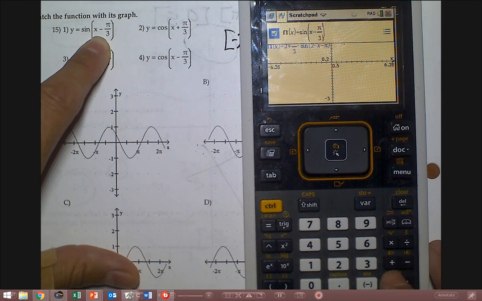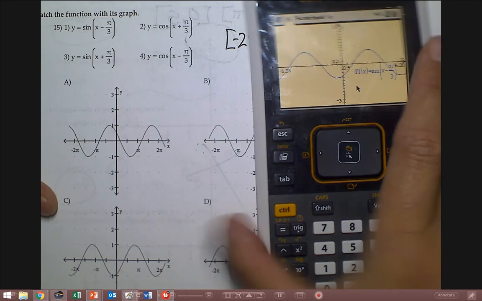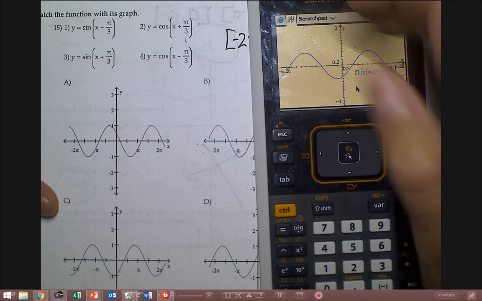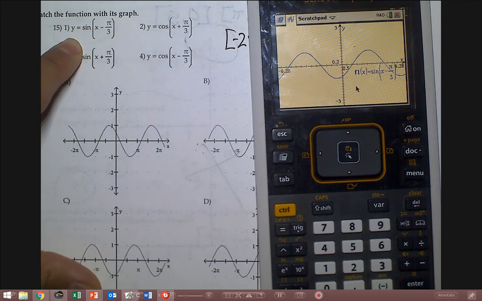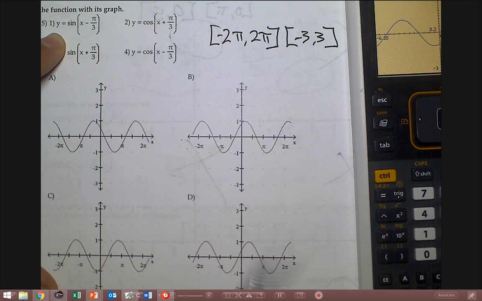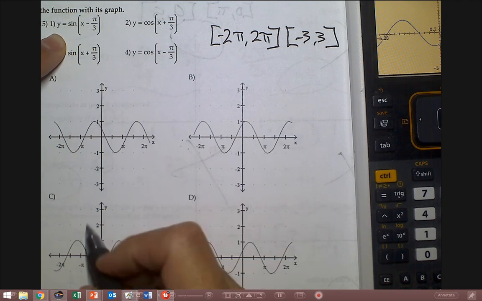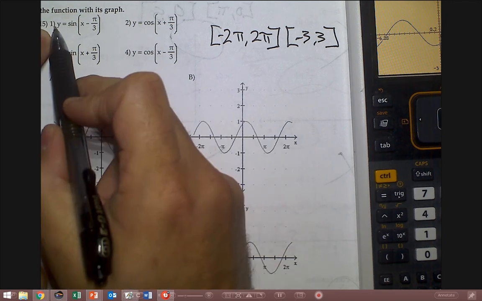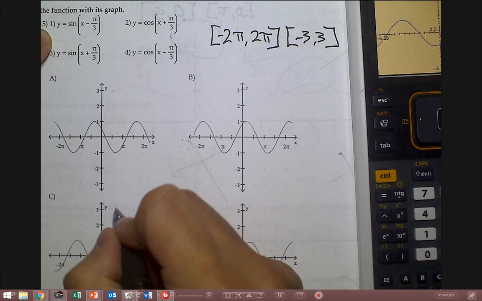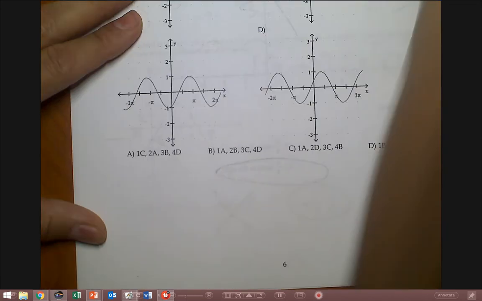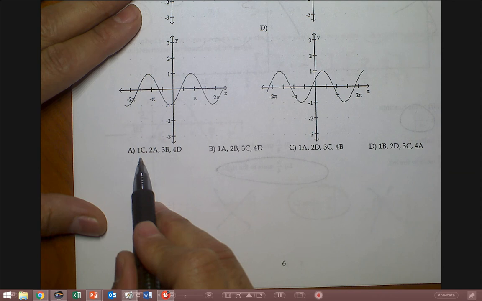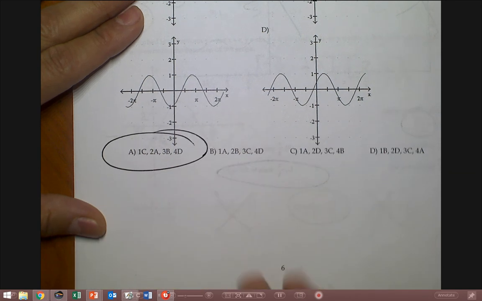Hit enter. So you would just go through and match all of these. So this one, which is my first one here, is C. There's only one answer. So 1 is C. In my multiple choice it says 1C. So that means that A has to be the combination for that one.